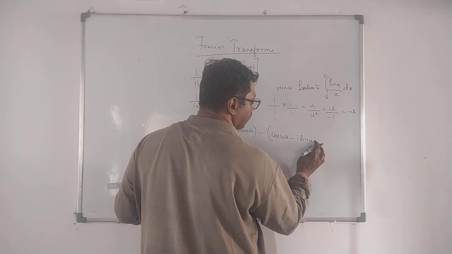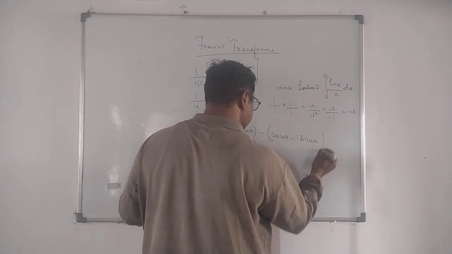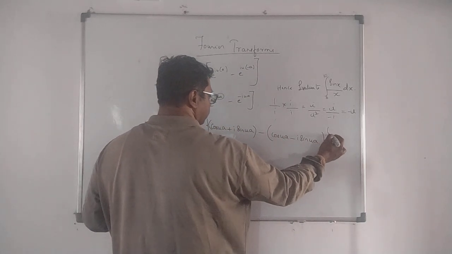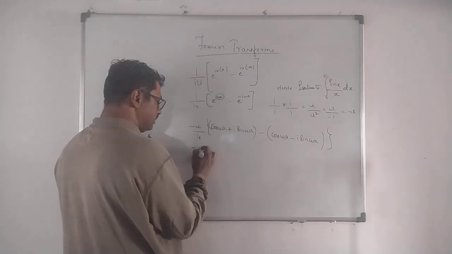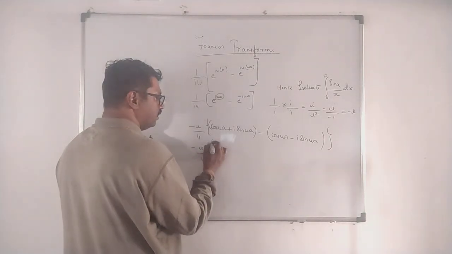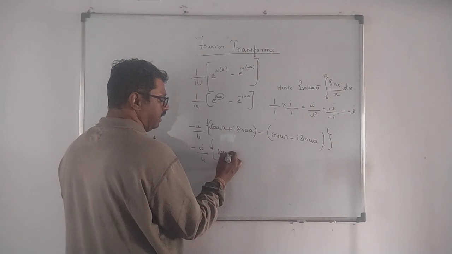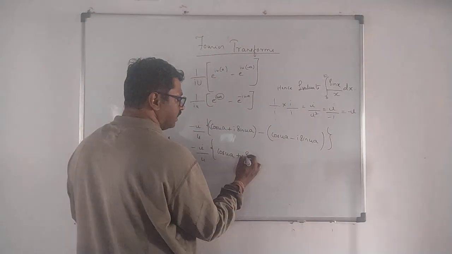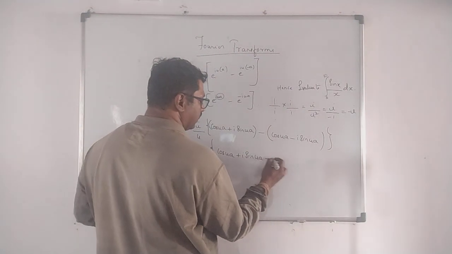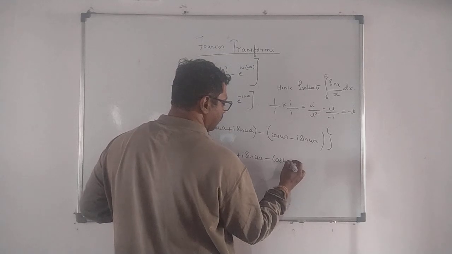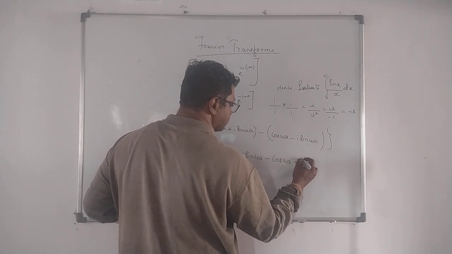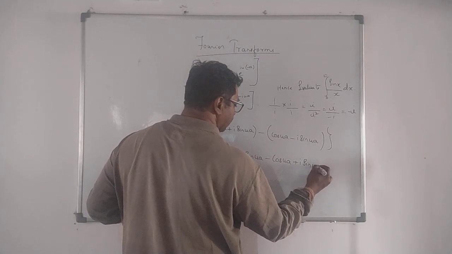This is u. Okay, fine. This is right. Now put the bracket here. Minus i by u times cos ua plus i sin ua minus cos ua, minus into minus is plus, i sin ua.